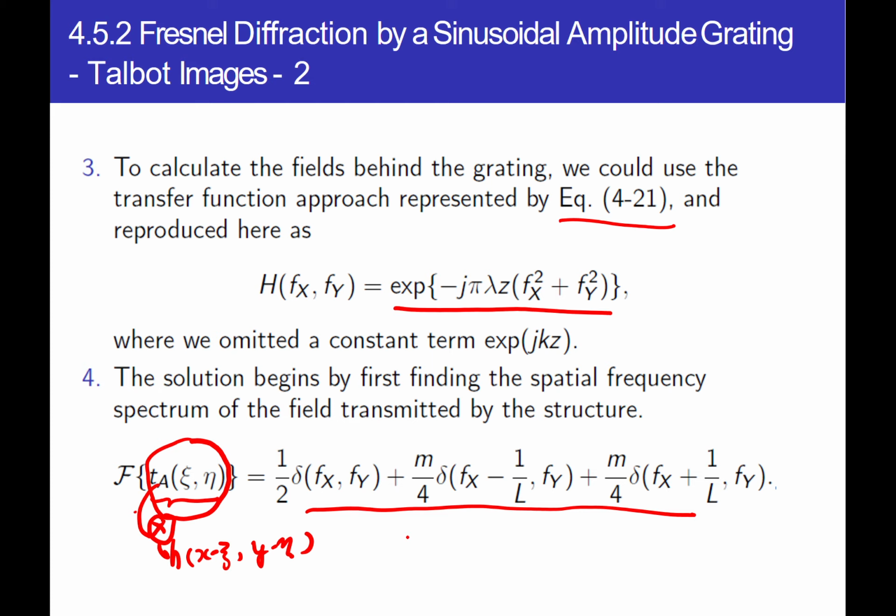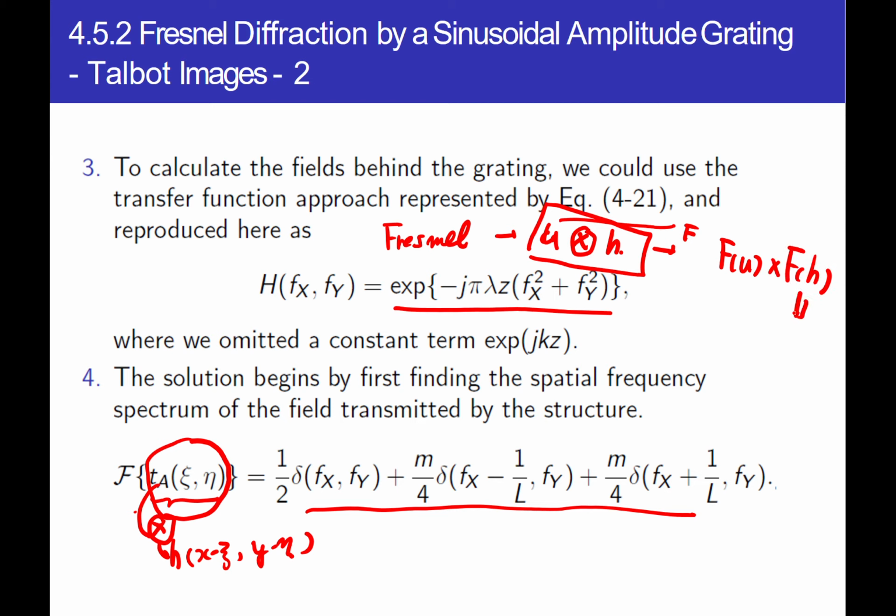So Fresnel diffraction was actually the convolution of our U with H. But in the Fourier domain, it is FU multiplied by FH, which is nothing but the transfer function.